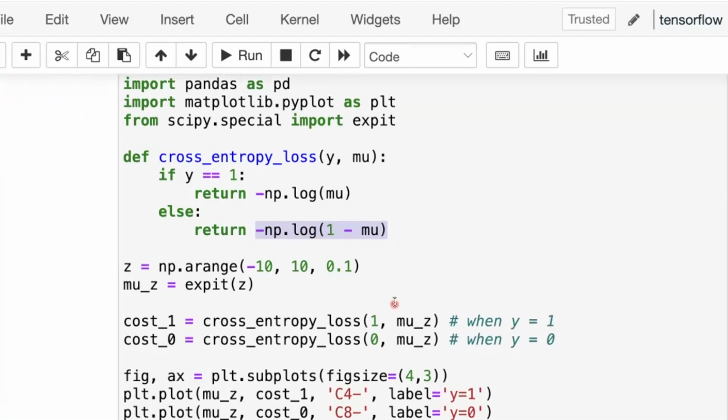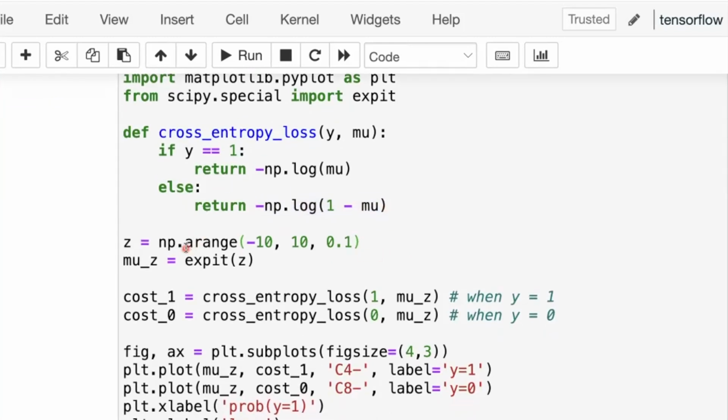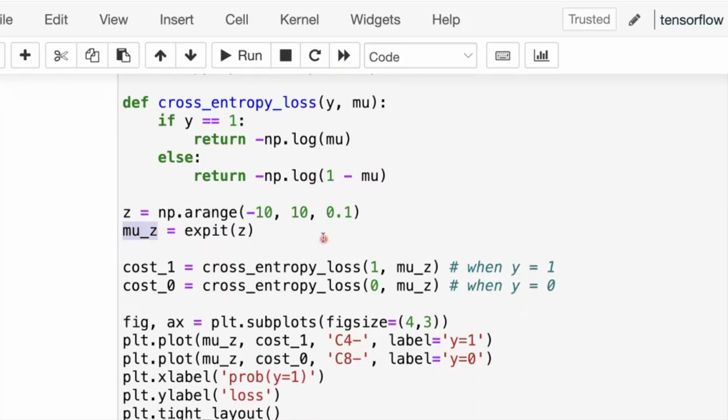And in order to show different values of mu, I assume that I have numbers from negative 10 to 10, and I use the logistic function to convert these to predicted probabilities. And then we're going to plot the loss functions for both cases when y equals 1 and when y equals 0.